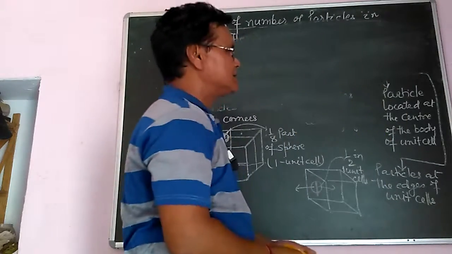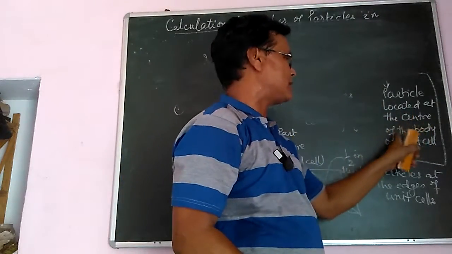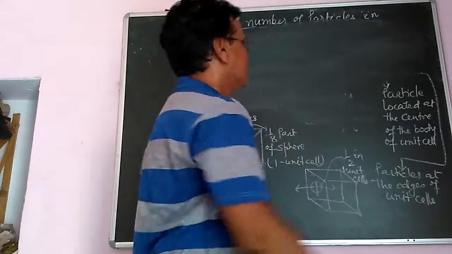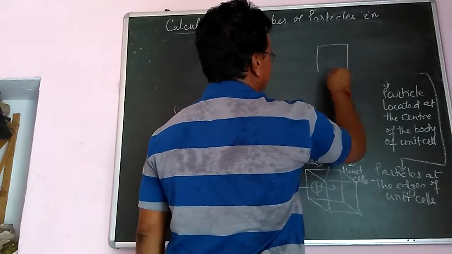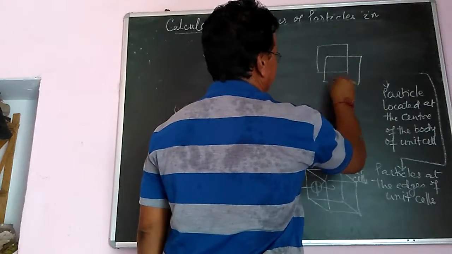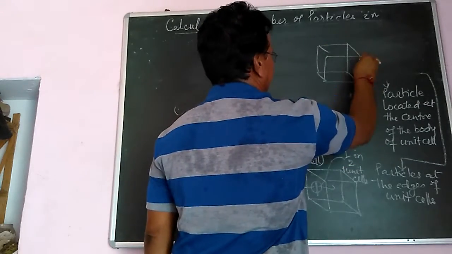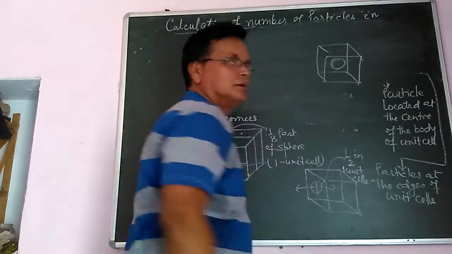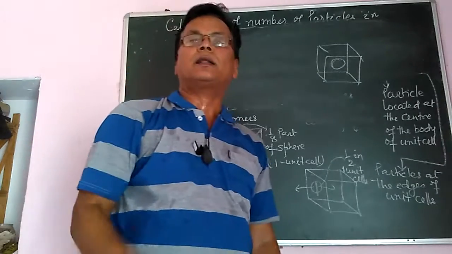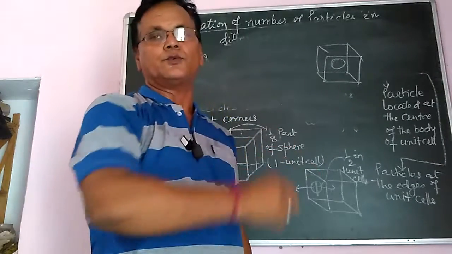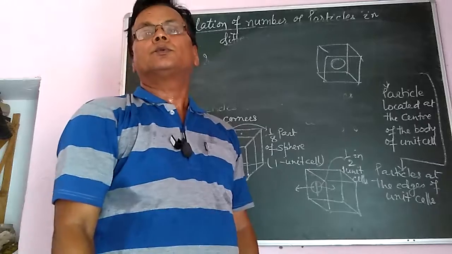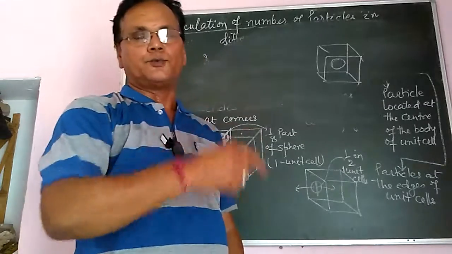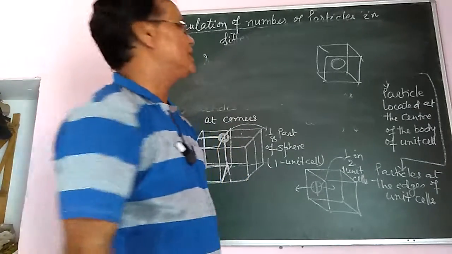Now the particles located at the center of the body in the unit cell. This is the unit cell and its center, it means the whole part of the sphere lies inside the unit cell. So there would be the complete contribution of the sphere in the unit cell.